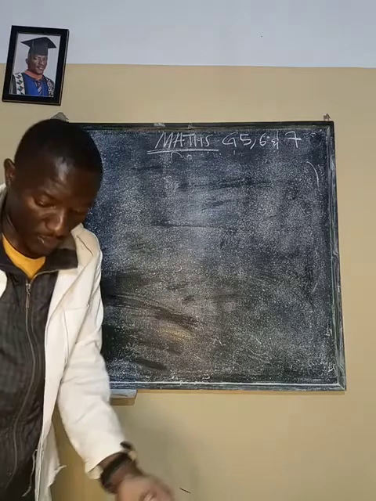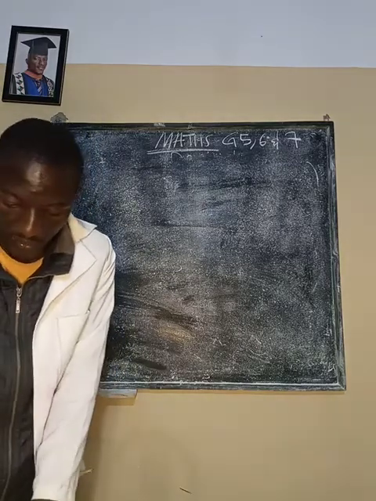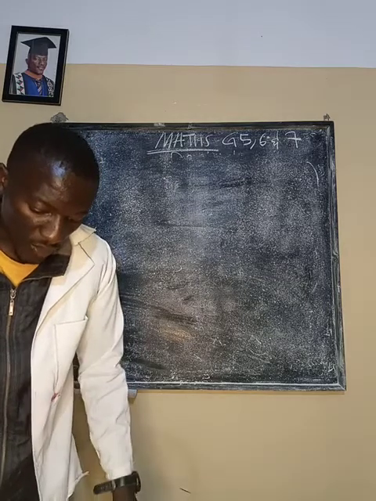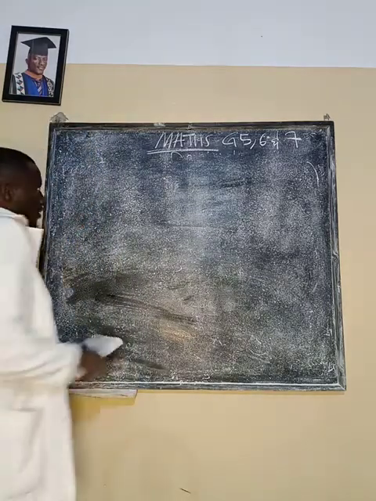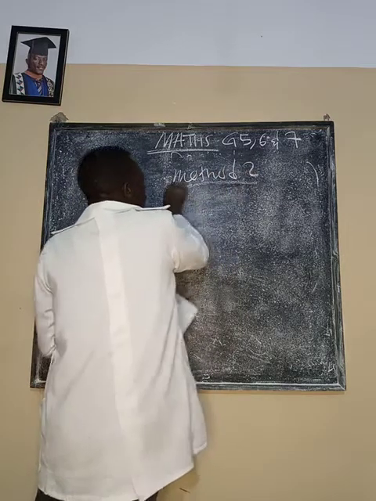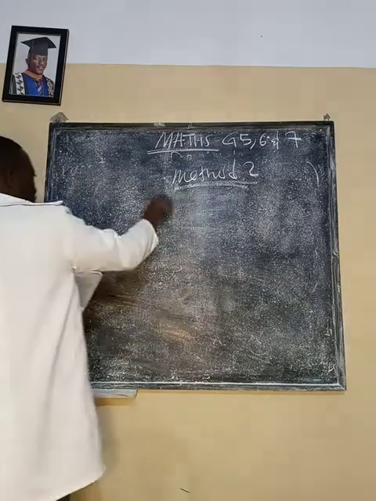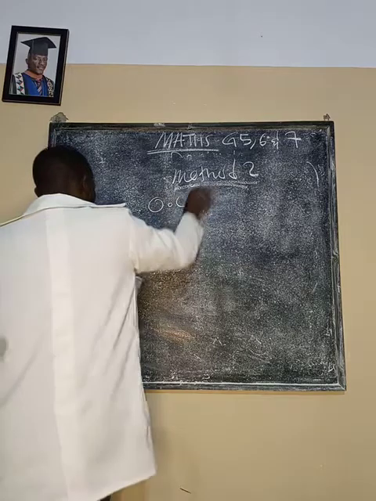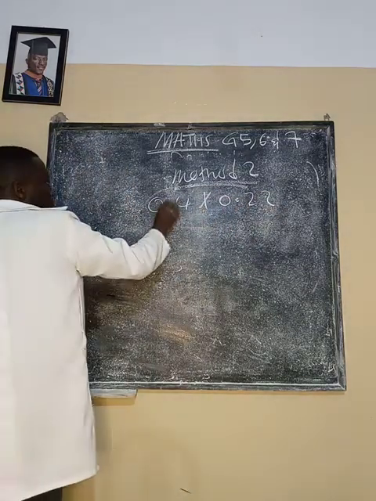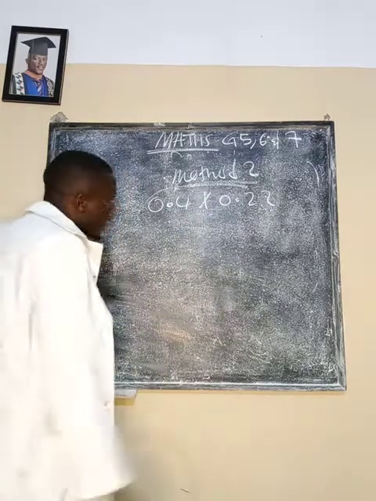There are 2 methods. We can use the direct method, the one that we have used. Then there's another method where we just change. Method 2 will look like this, which was 0.4 times 0.22. We change this into the powers of 10, 100, and so on.